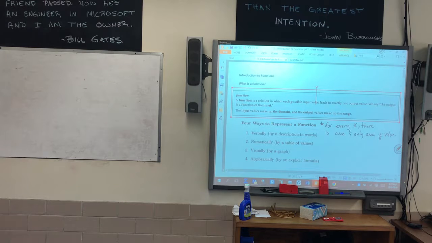There are a lot of things in real life that we use functions to model. Last class we talked about your height. Your height is a function of how old you are, isn't it? Or a function of time. When you're young, you're small.